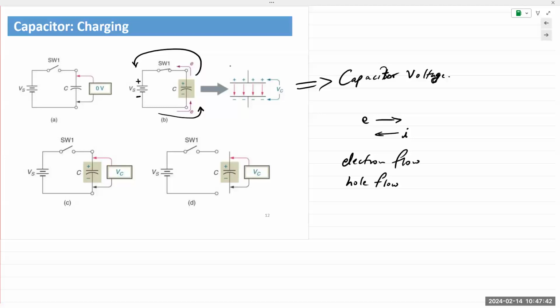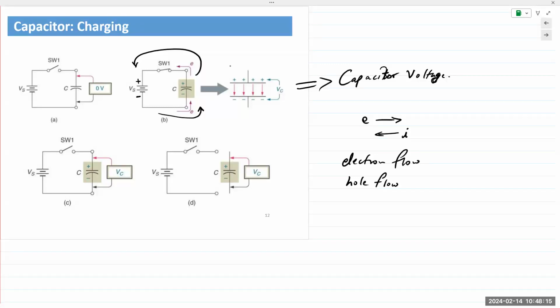Am I doing it right? Yeah. So electrons build up at the bottom plate, and positive charges build up on the top plate, but they cannot cross over because they are separated by a dielectric. Physically speaking, without going too much into the physics of things, the electrons are moving, but they get stopped across the plates of that capacitor.